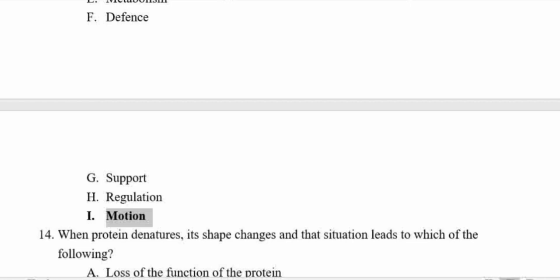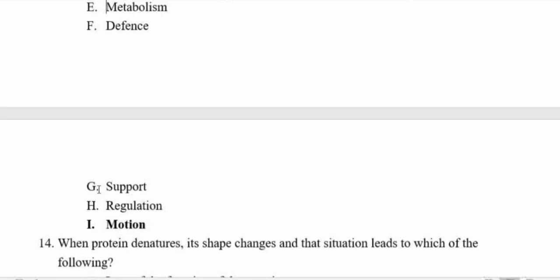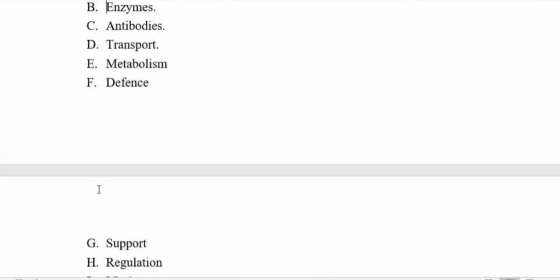In actual fact, it has been indicated by some authorities that all cells have proteins which allow cell components to move from place to place, and that without those proteins, cells will not be able to function. So it means that motion is one of the functions of proteins.